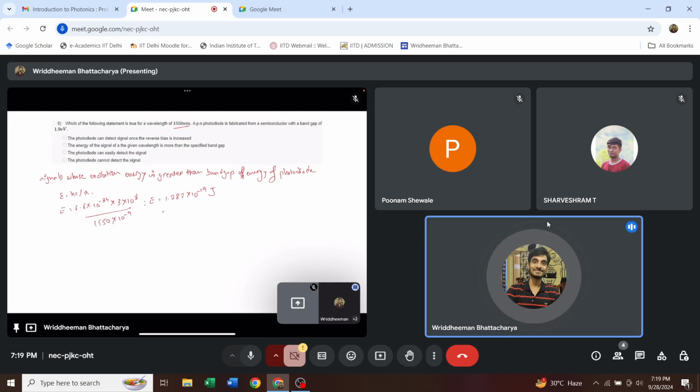To convert to electron volt, we divide by 1.6 into 10 to the power minus 19, giving 0.801 electron volt. As the energy of the signal is less than the band gap energy, the photodiode will not detect any signal. Right.